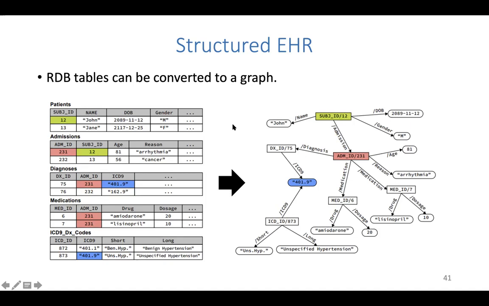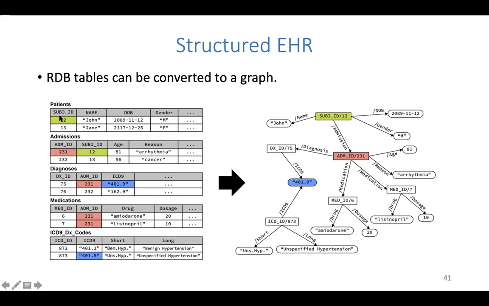So here, instead of having to join different tables to make a coherent medical record for John, or for admission number 231, you actually already have a complete graph that consists of all the knowledge without any overlapping information.